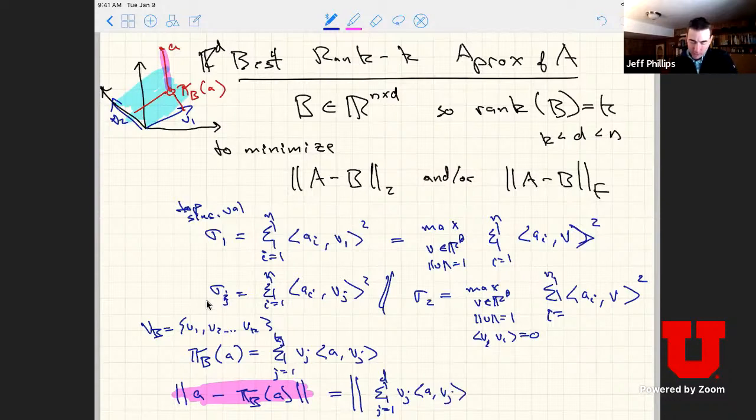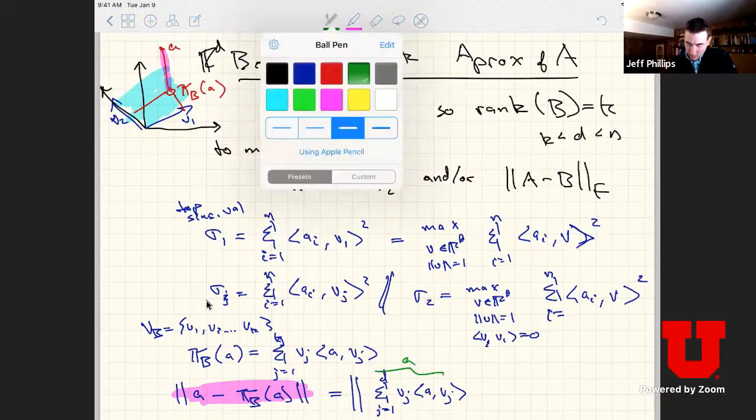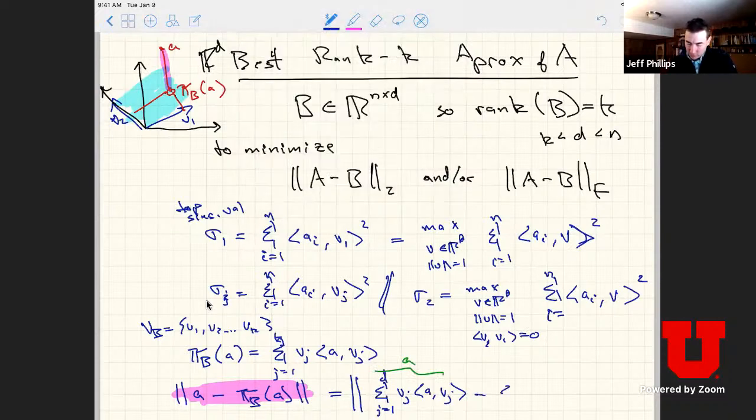This term here is a, minus the sum just up to k of (v_j dot a) v_j. This here gives me the projection onto B of a.